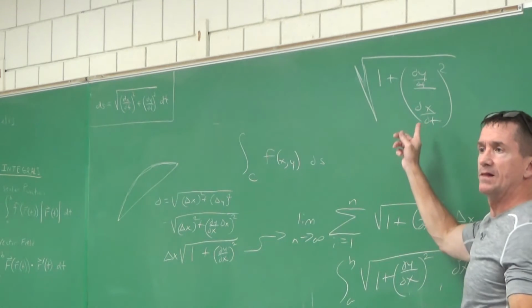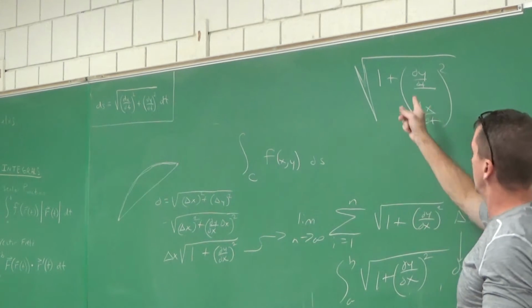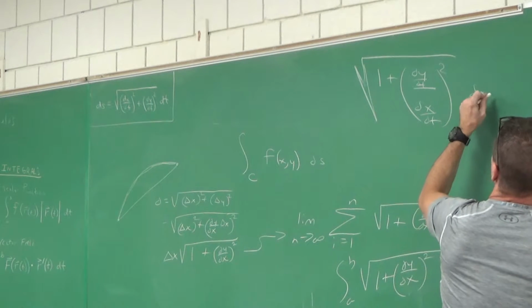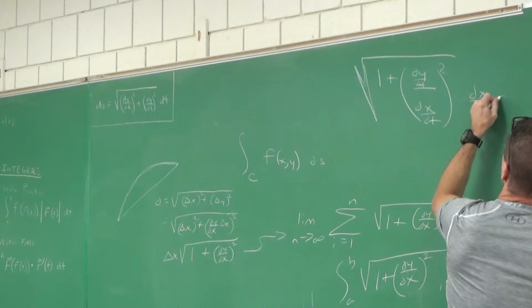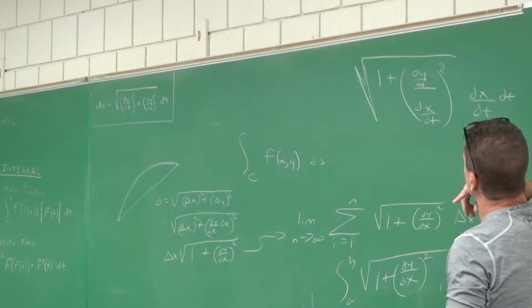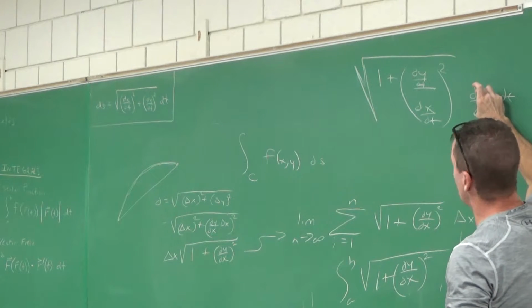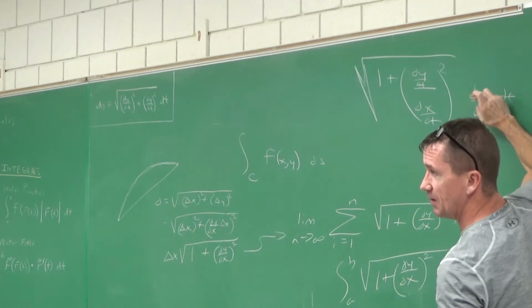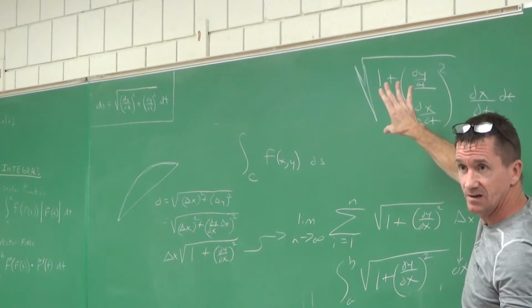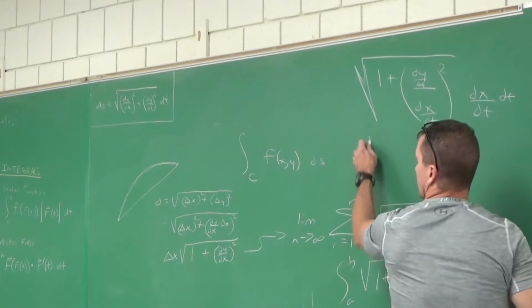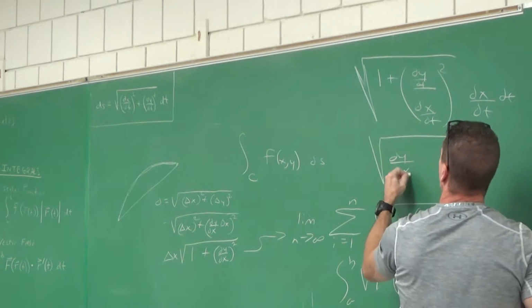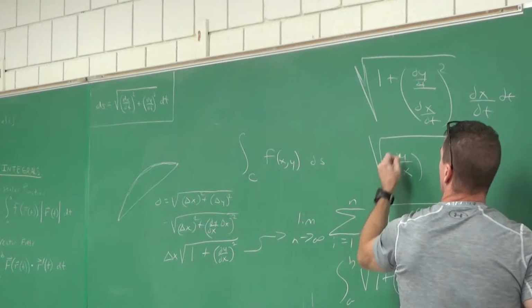When I multiply a 1 to this, can I do that? I can multiply by 1. Then this had a dx outside, so I'll multiply that by dt over dt. Look what happens if I take this dx/dt and multiply it back into the radical. I have to think of this as the square root of dx/dt squared.